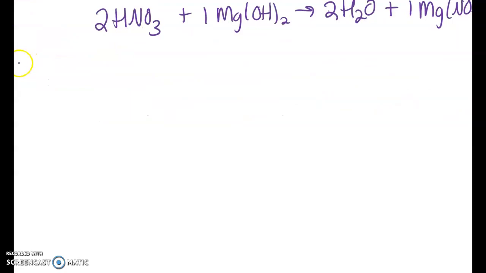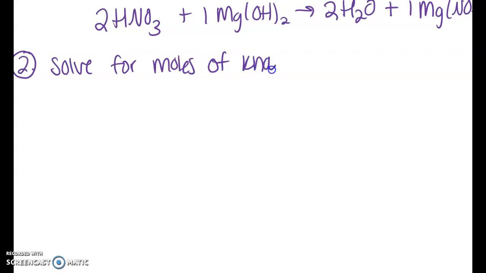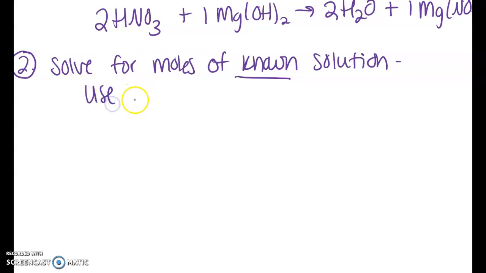So the second step that we need to do, we need to solve for moles of your known solution. And in this case, it's the magnesium hydroxide, because when I solve for moles, I'm going to use the molarity equation, M equals moles over liters.